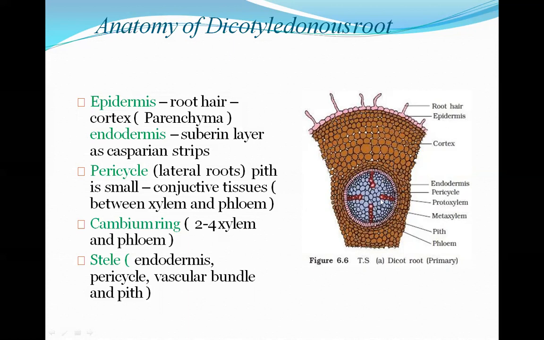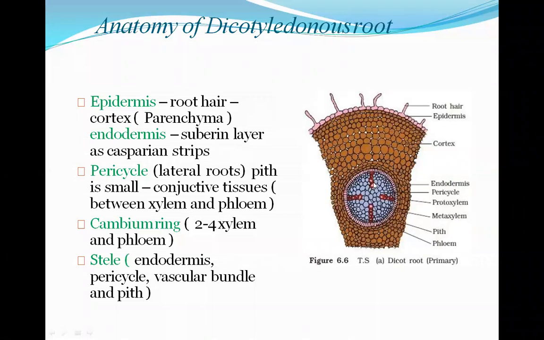You see this particular round portion, this is known as the pericycle. This pericycle is present in the lateral roots, right? And this has small pits, right? You can see here there is the presence of a small pit. This is the center portion, right? And there is a small pit in between, right?